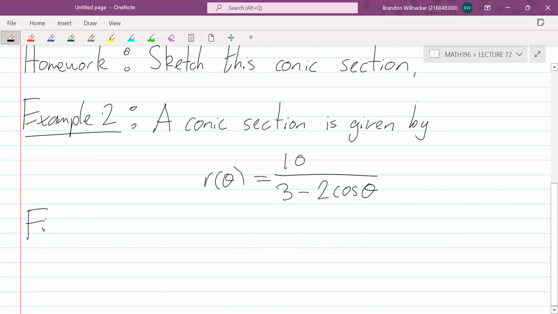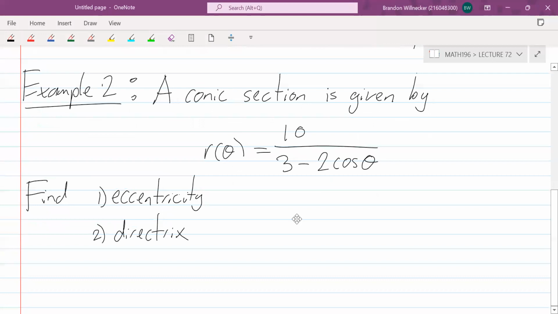And then we need to find, number one, the eccentricity, and number two, the directrix. Then after that, we need to sketch it, but I'm going to leave that as a homework problem.